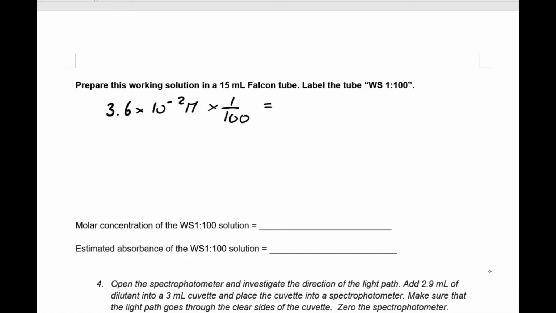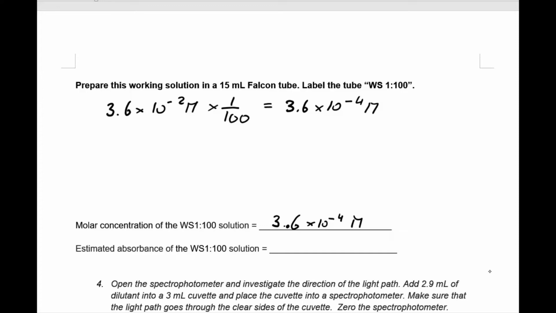And again, we don't need a calculator for that, so that would be just simply 3.6 times 10 to the minus 4 molar solution, and that would be the answer here. So the molar concentration of this 1 in 100 dilution is 3.6 times 10 to the minus 4 molar solution.